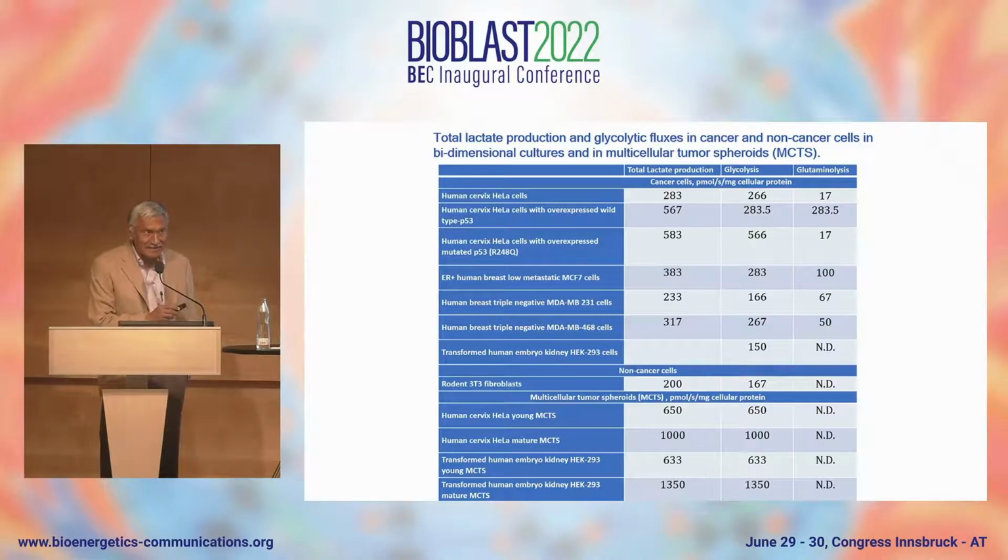So it's a big deal in the cancer biology field. These cells don't have p53. The second one is the same HeLa cells, but with overexpression of wild-type p53. The third lane is HeLa cells with a mutated p53, the most common mutation, which is claimed to be a gain-of-function mutation.